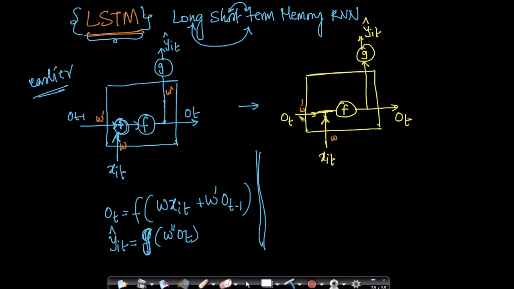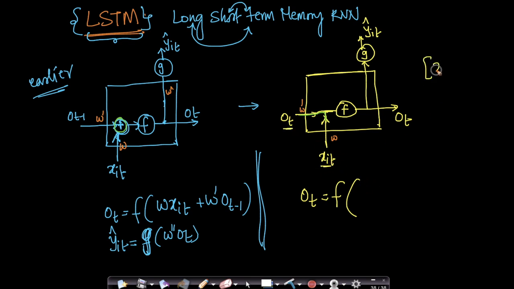What does this merge operation mean? Look at this step. We are merging, not adding. We don't have the plus symbol that we have here. Let me write down the equation so that you'll understand. My O_t is F of, I will concatenate these two vectors.